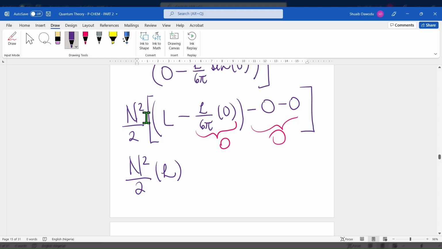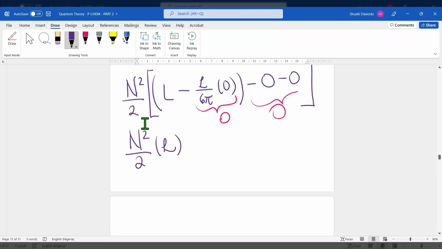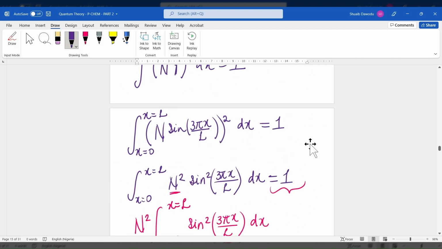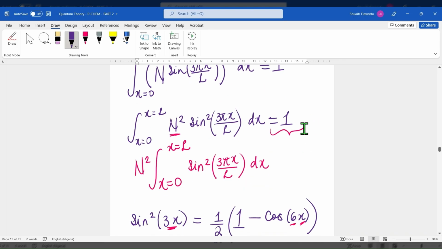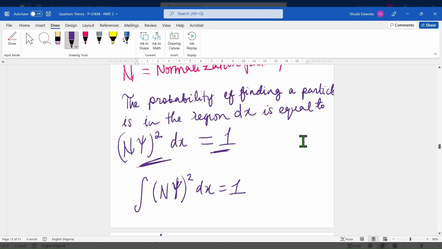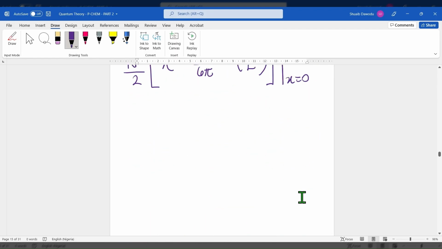Perfect. Now you're going to be wondering, this is a little confusing. But we cannot just get our answer as n squared L divided by 2. Let's not forget that at the beginning, I told you I'm going to remove our equals to 1 just because I did not want to put unnecessary information while we're still integrating. So I'm just going to remind you that the probability of finding a particle in the region dx, integrating n times the wave function all squared dx, is actually equal to 1.